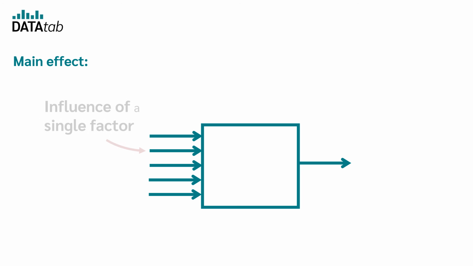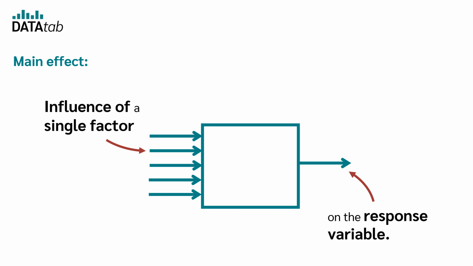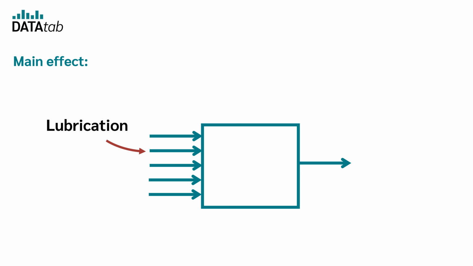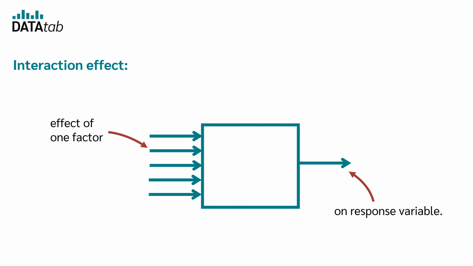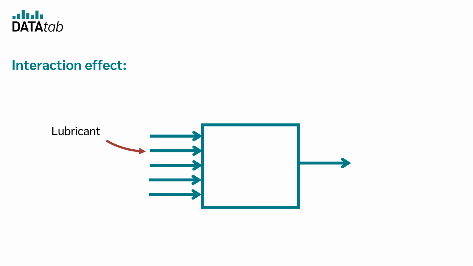A main effect is now the influence of a single factor on the response variable. For example, what influence the lubrication of a bearing has on the frictional torque. Interaction effects occur when the effect of one factor on the response variable depends on the level of another factor. For example, the effect of the lubricant on the frictional torque could depend on the temperature.